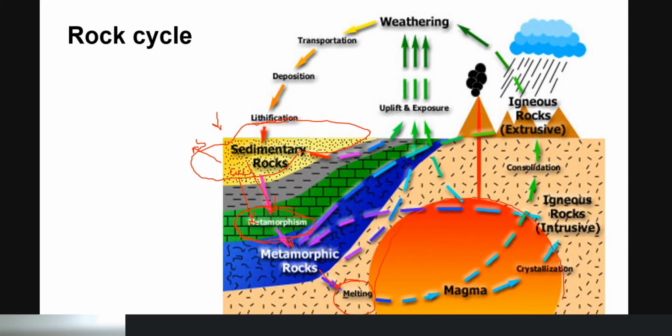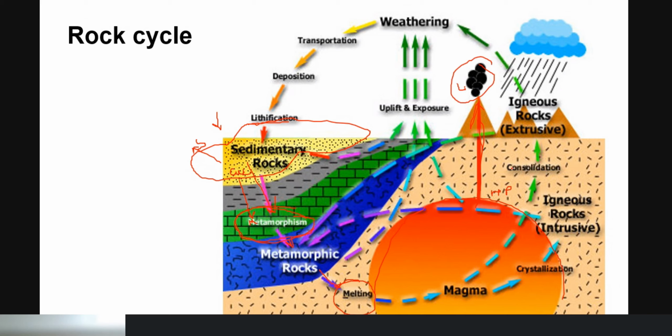Then again through some fractures, as here it is high pressure and temperature and here low pressure and temperature, magma will move towards the surface, and we will form extrusive igneous rocks.